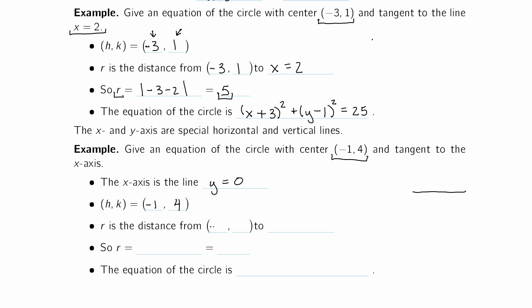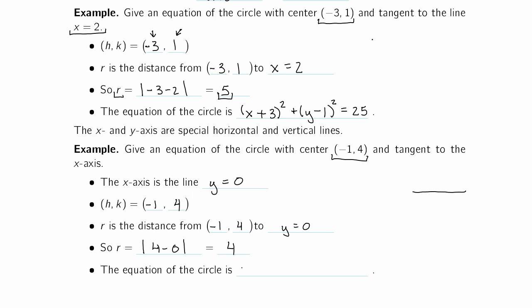So we need to find the distance from (-1, 4) to y equals 0. The perpendicular line is going to be vertical. We'll have no change in x, only in y. So that distance is just going to be 4.